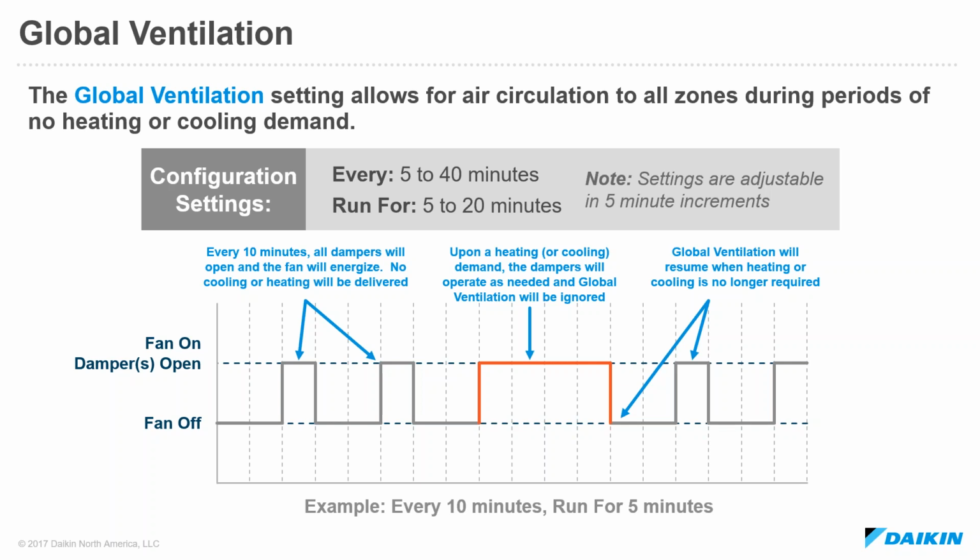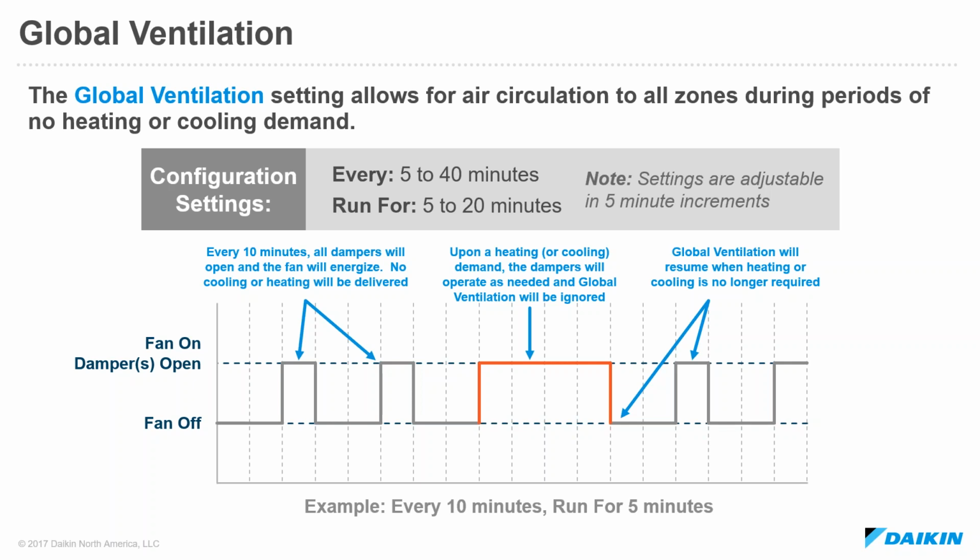So really what this means, in the example on the screen, we might configure every 10 minutes, run the indoor unit fan for 5 minutes. On the left side of the graph here, the gray lines, we're basically assuming there's no cooling demand, there's no heating demand from the DZK. In that case, essentially every 10 minutes, the DZK will open all of the zones and it will run the indoor unit fan for 5 minutes, and it will turn the indoor unit fan back off.